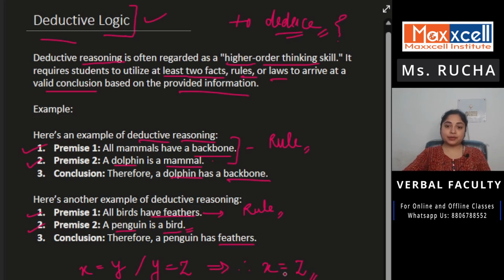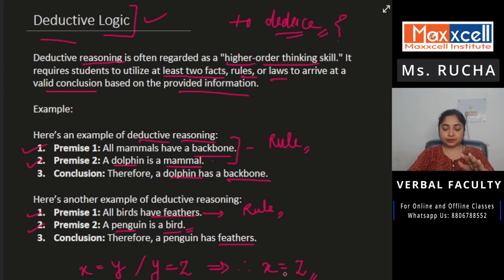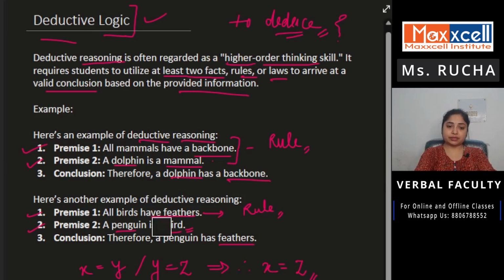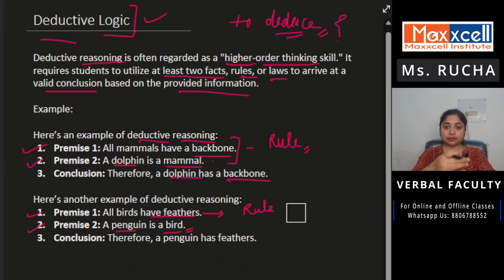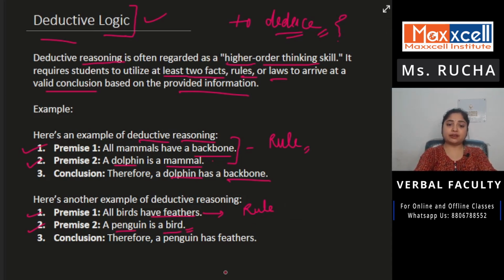The next thing that we are going to discuss is what is the strategy that we are supposed to apply in reading comprehensions to arrive at a logical conclusion. Now, let us first understand how this particular topic, deductive logic, is relevant to reading comprehension. So, guys, in reading comprehension also, text is given, you have a paragraph, a passage, and based on the information given in that text, you have to arrive at a particular conclusion to tick mark the correct answer.